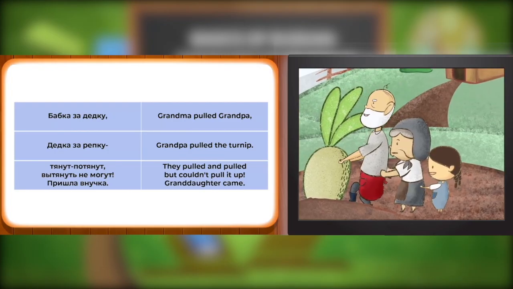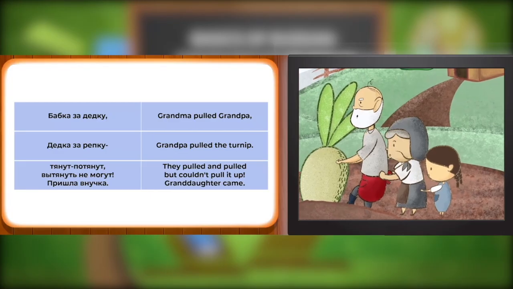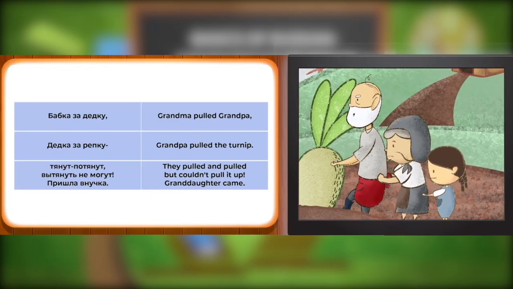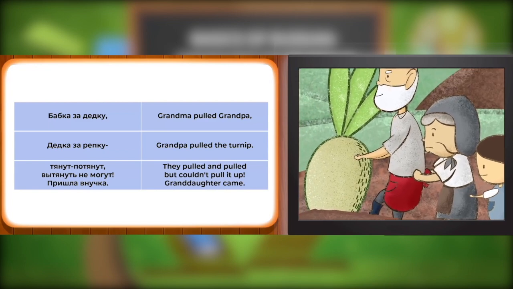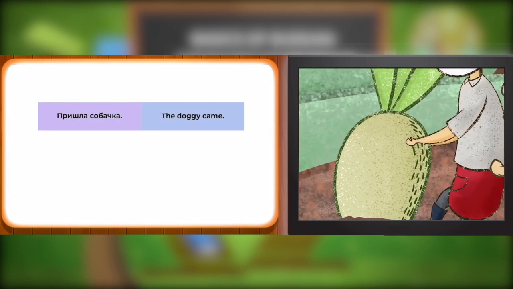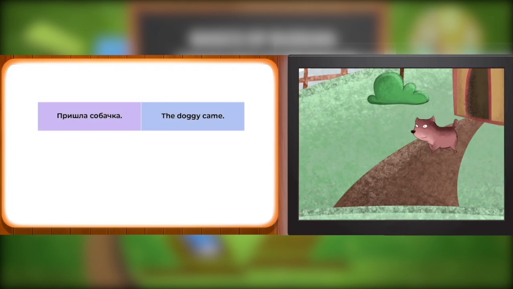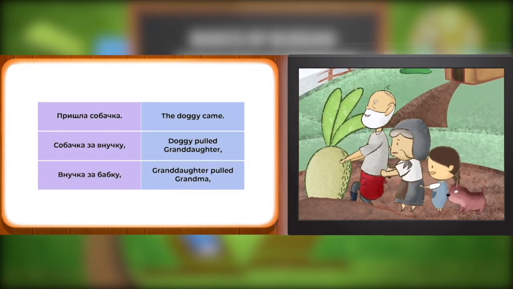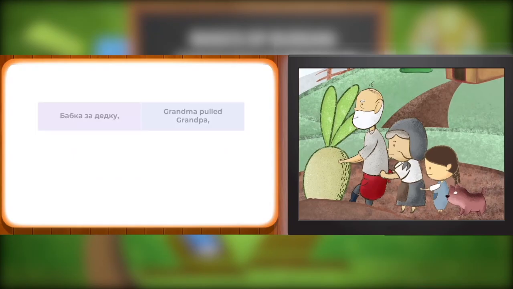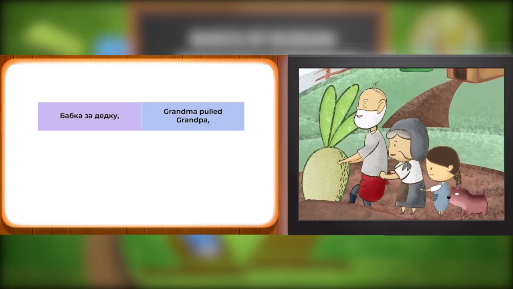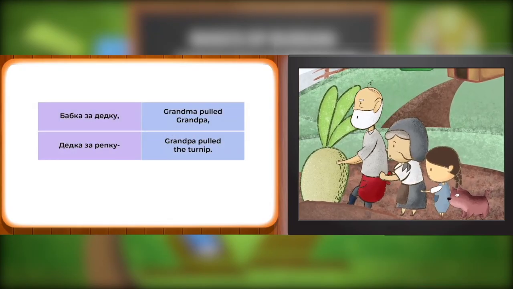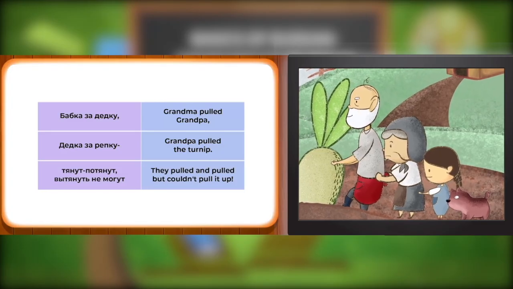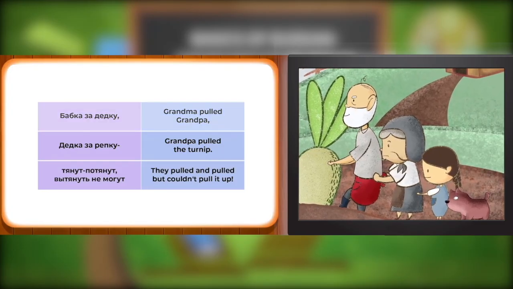Granddaughter pulled Grandma. Grandma pulled Grandpa. Grandpa pulled the turnip. They pulled and pulled but could not pull it up. The doggy came. Doggy pulled granddaughter. Granddaughter pulled grandma. Grandma pulled grandpa. And grandpa pulled the turnip. They pulled and pulled but could not pull it up.